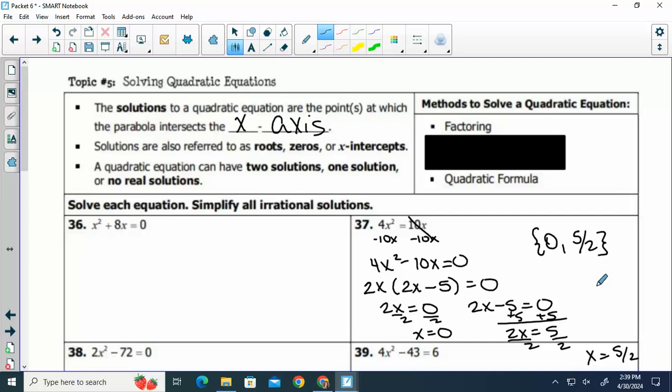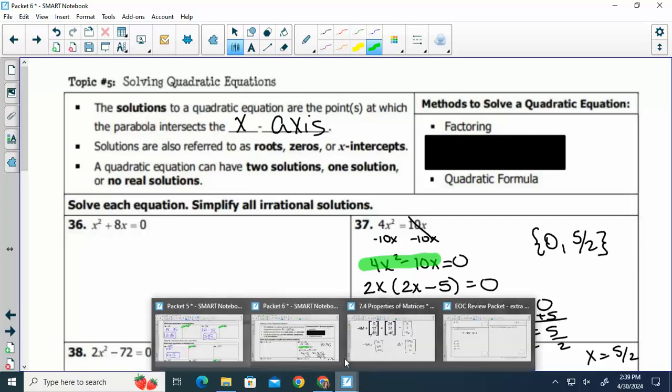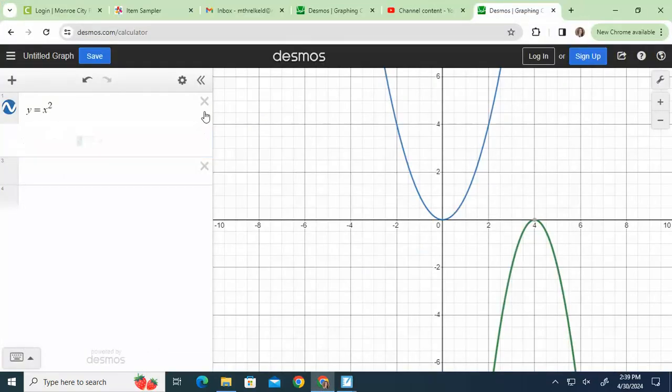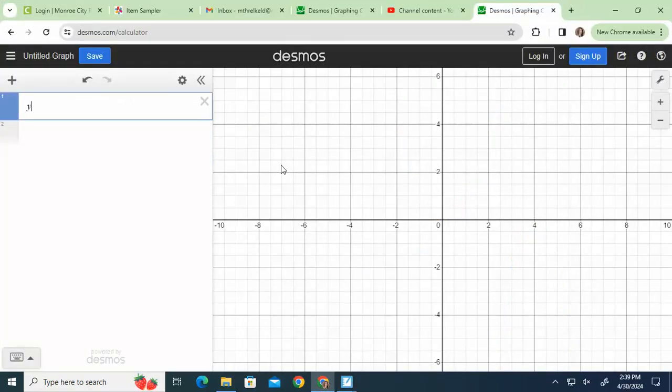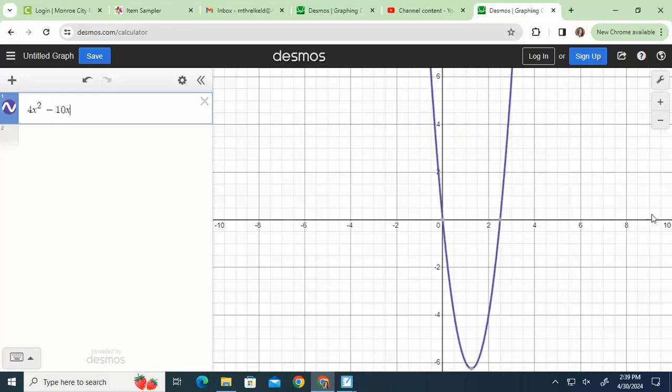If you are trying to check yourself on this, the best option is to graph it once it's equal to 0. So not the original, that's not going to work, but if I graph the 4x squared minus 10x, then I can look.